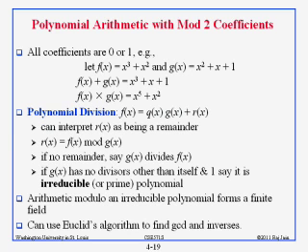Multiplication. Now this one, to do this, you really have to do long multiplication. So how do you do long multiplication? Everybody knows how to do long multiplication. Let's just do that one. So we want to multiply f(x) by g(x).